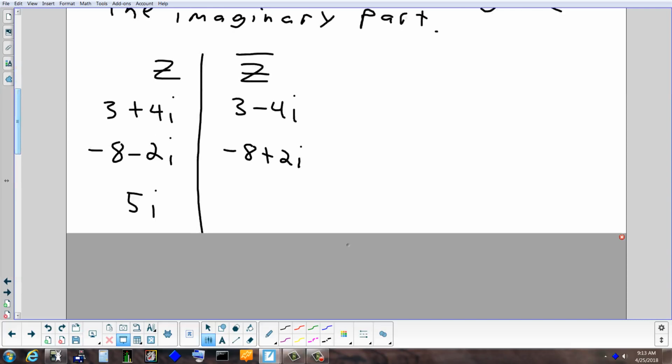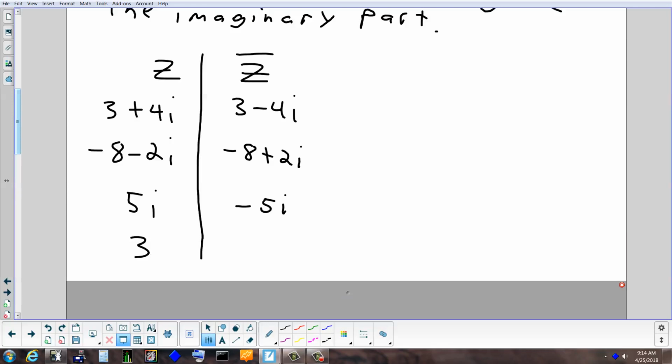Right, how about 5i? The conjugate of 5i. -5i. Yeah. If it confuses you because there's no real part, well then think of it as 0 plus 5i, and the conjugate is 0 minus 5i. But usually when we have a 0, we don't write it. And how about 3?